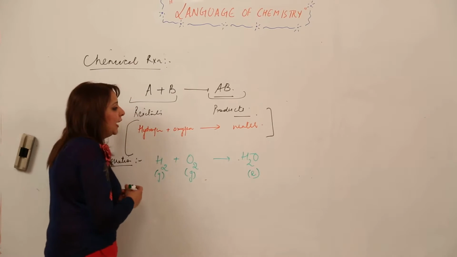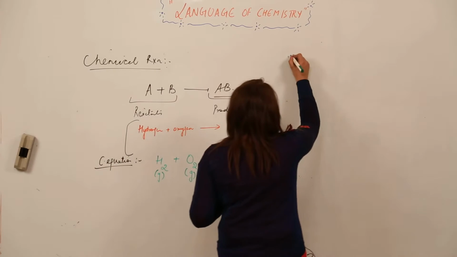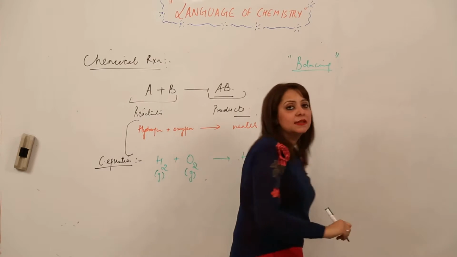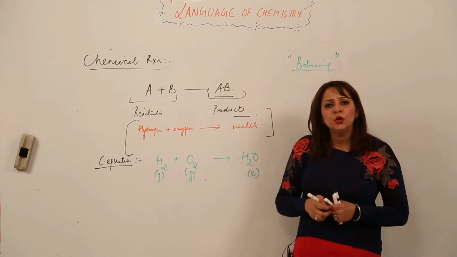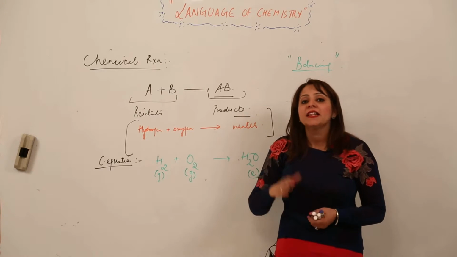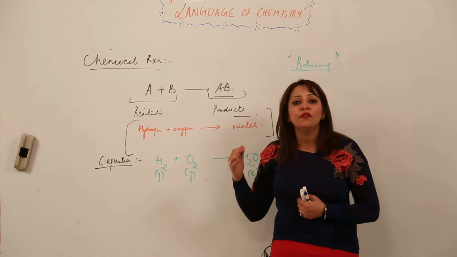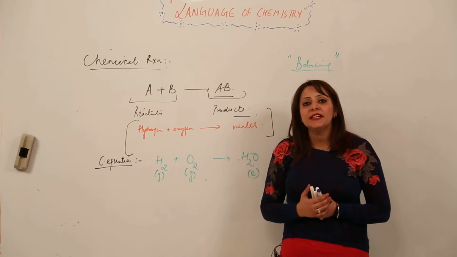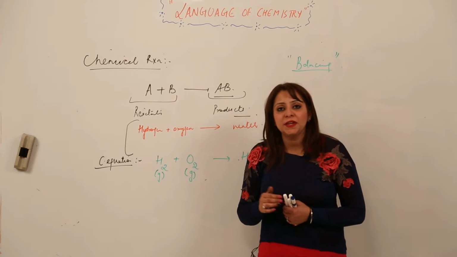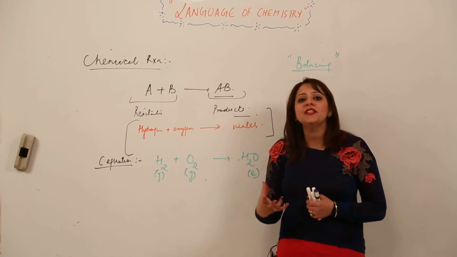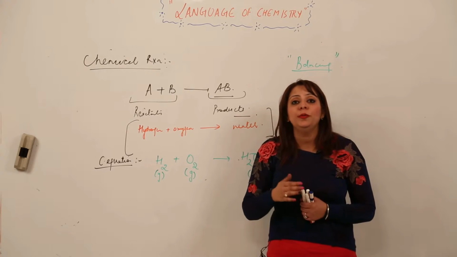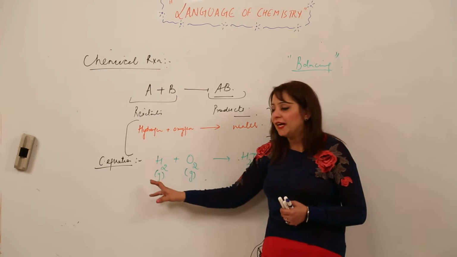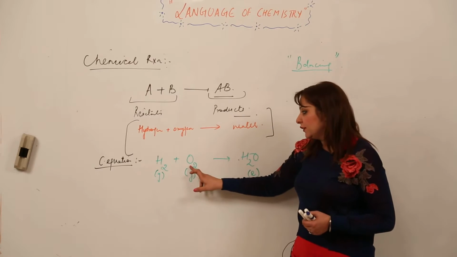Before we start with balancing, I want you to know why balancing is done. As you all know, we did in the previous topic as well, there is the law of conservation of mass that is obeyed by matter. That means mass can neither be created nor be destroyed in a chemical reaction; though the form may change, the mass is going to remain unchanged. So in this case, on the left side there are two hydrogen atoms and two oxygen atoms.